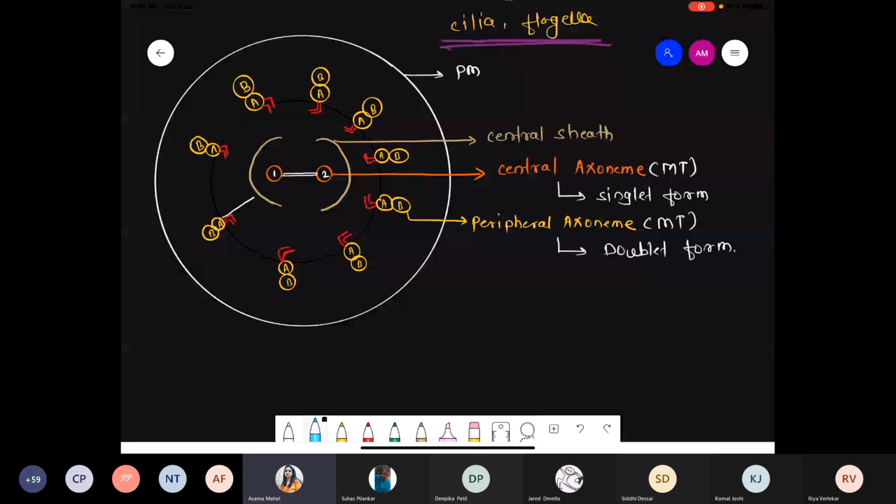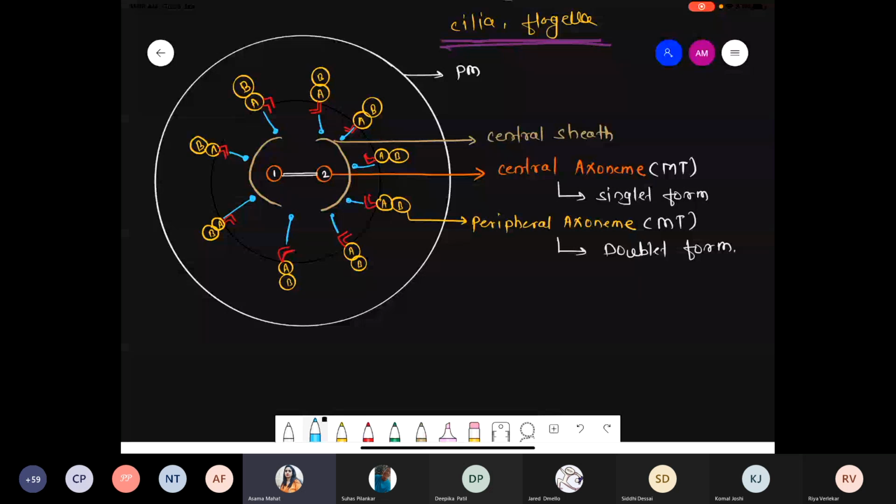One spoke, two spokes, 3, 4, 5, 6, 7, 8, and finally 9. So how many spokes are present? A total of 9 spokes are present.